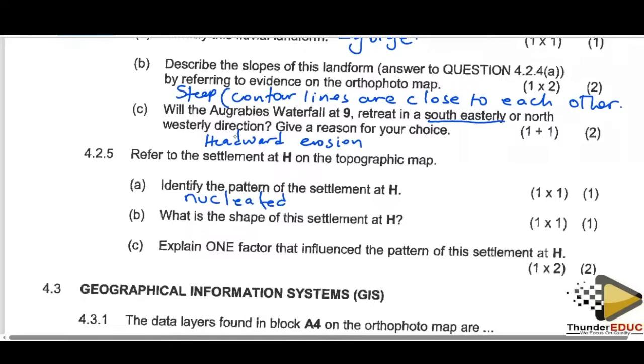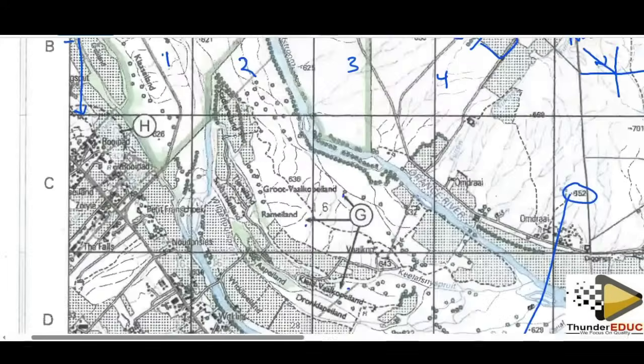They're asking, what is the shape of this settlement? Let's check back on the map again. I think we need to be very careful here. We need to identify the physical feature along this area. You can see we have these roads here, which are crossing through each other.